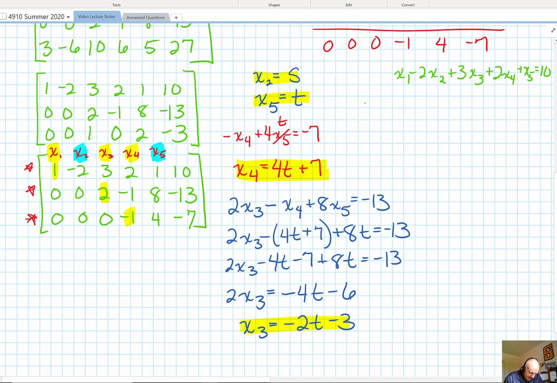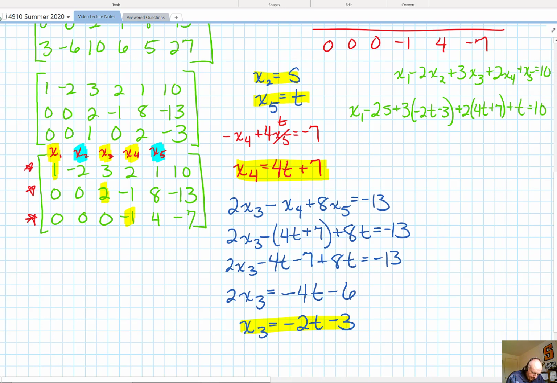Now we can plug in what we know. x sub 2 is s, x sub 3 is negative 2t minus 3, x sub 4 is 4t plus 7, and x sub 5 is t.